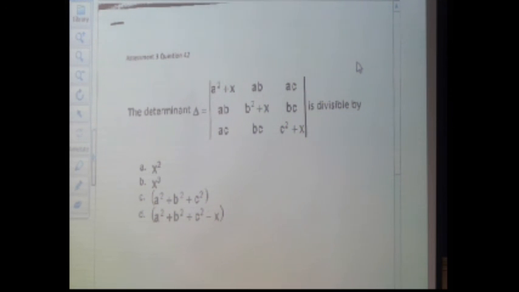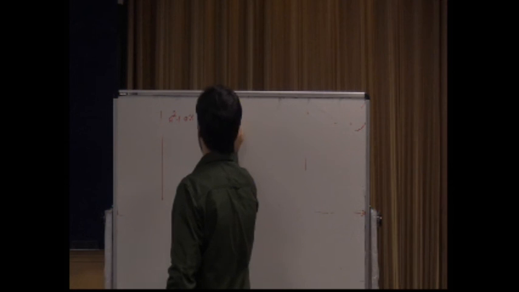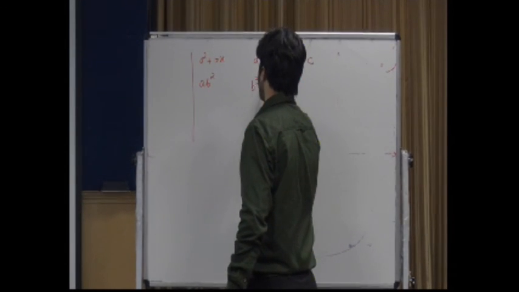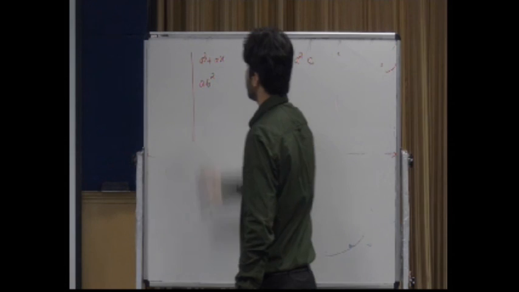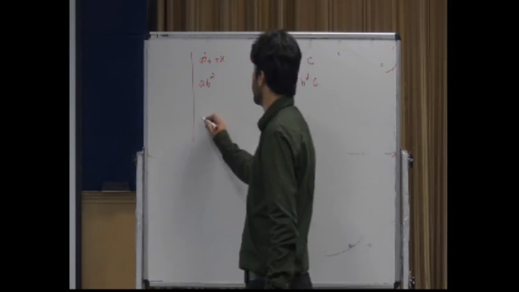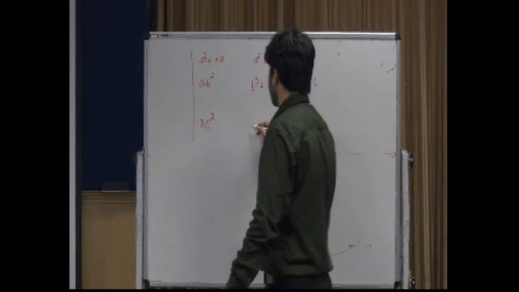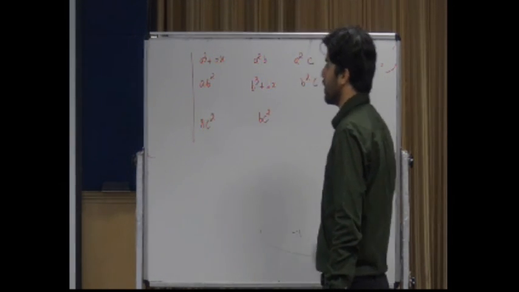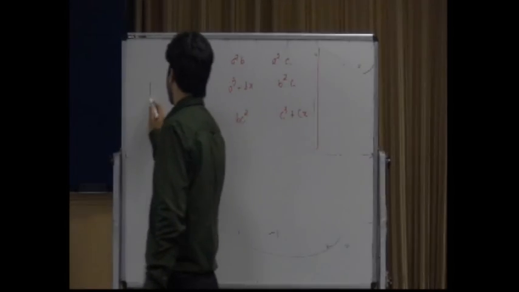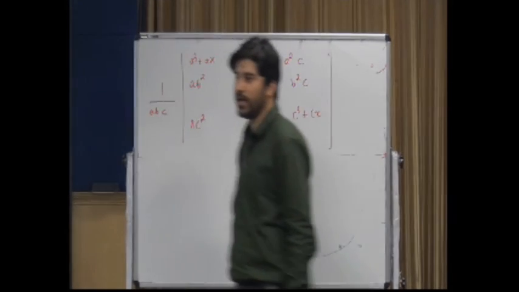So look here. So this is your A square plus AX, A square B, A square C; AB square, B cube plus BX, plus B square C; AC square, BC square and C cube plus CX. What did you do at the bottom, 1 by ABC?